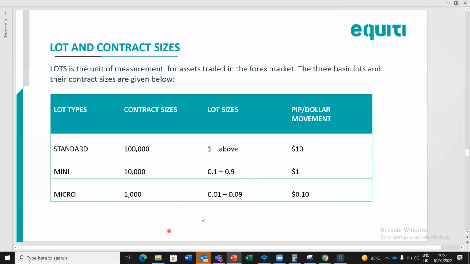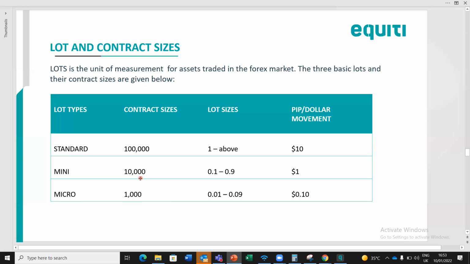Now listen, from 0.01 to 0.09, that is from 1,000 to 9,000 units, they are considered micro contracts or micro lot sizes. And then from 0.1 we have what we call the mini lot size, because now you're trading in multiples of 10,000 units by volume.